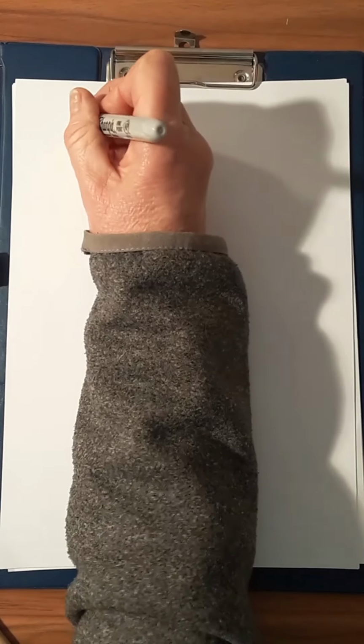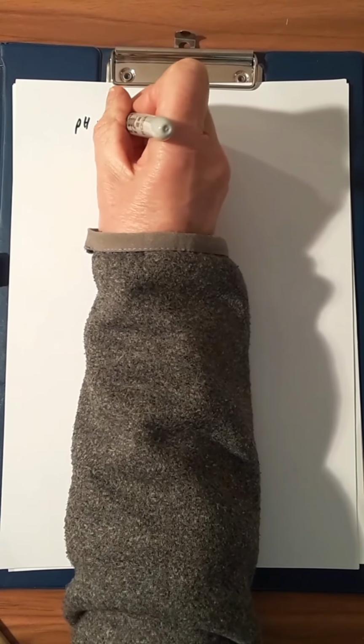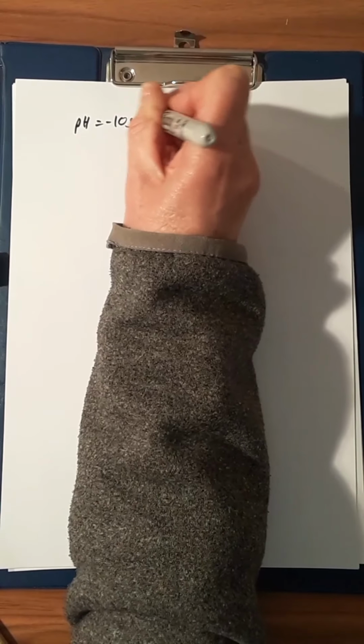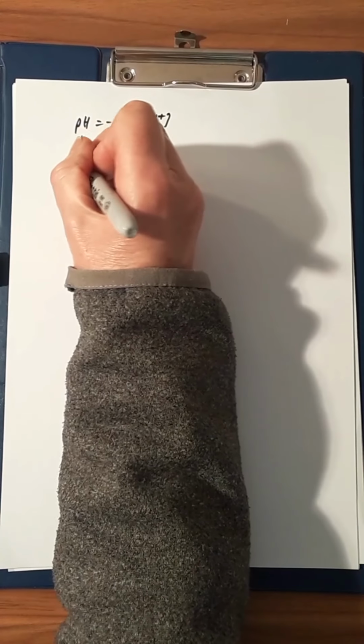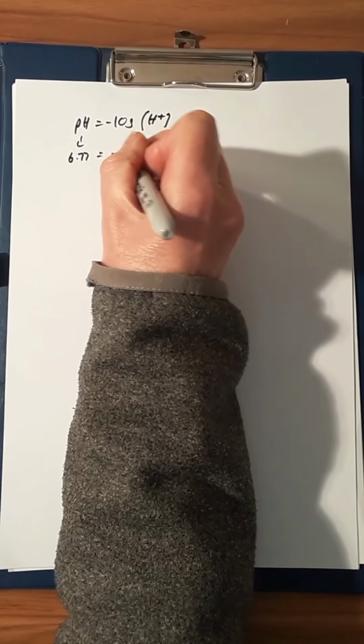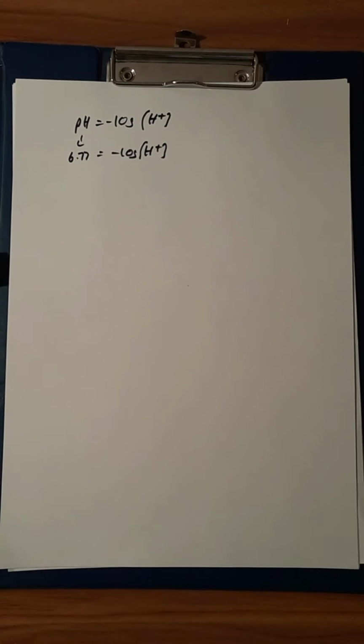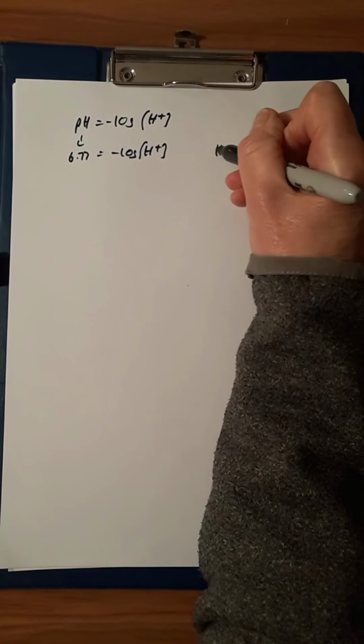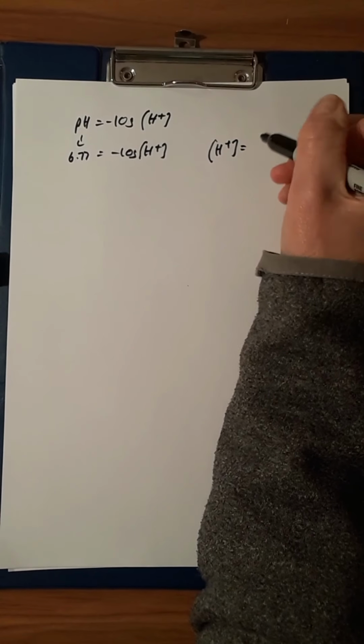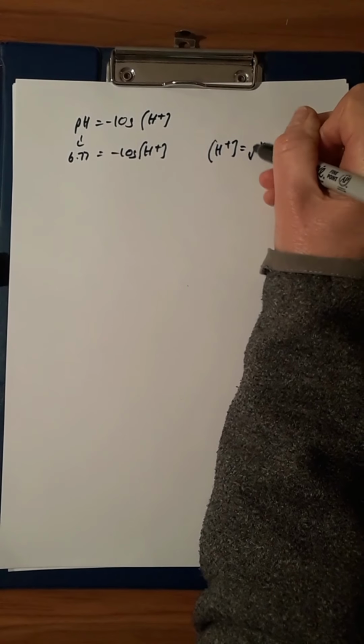Okay, so I'm starting off with the pH, remember, is minus the log of the H plus ion concentration. And I'm told now that the pH is 6.77. So 6.77 equals minus the log of the hydrogen ion concentration. Now just remember that the hydrogen ion concentration is equal to the square root of Kw.